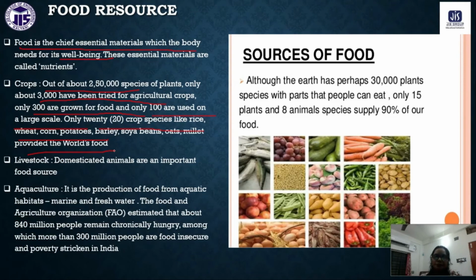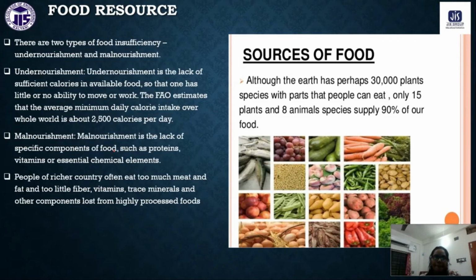Now we have two important topics, that is undernourishment and malnourishment. In the food resource portion, you can have this type of question: What do you mean by undernourishment?